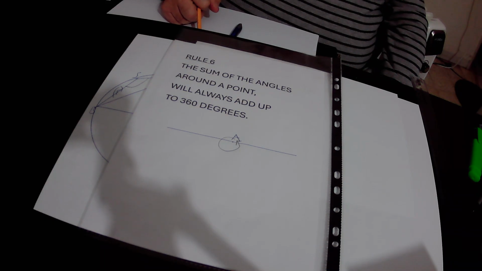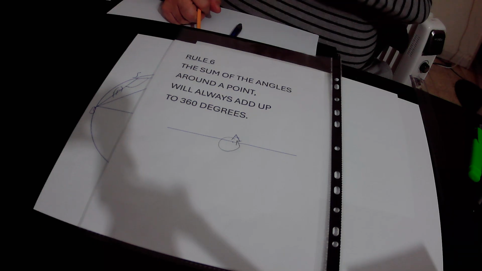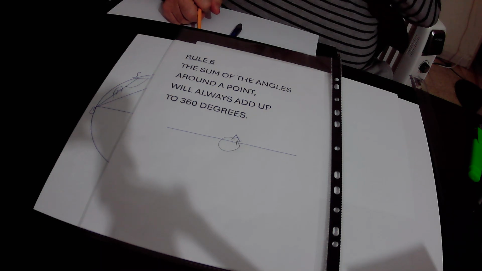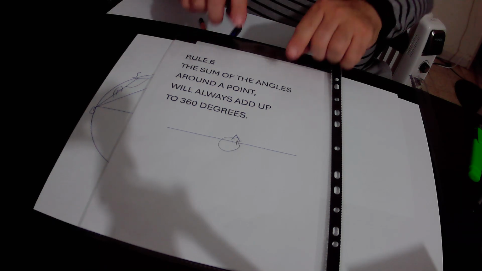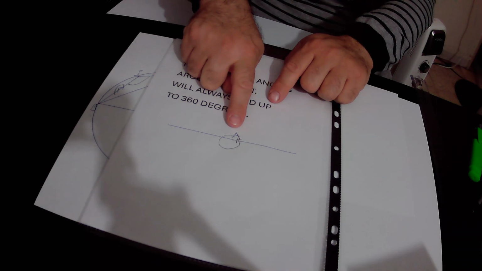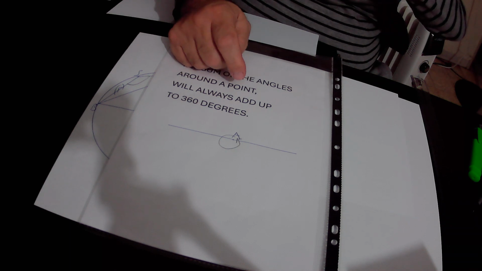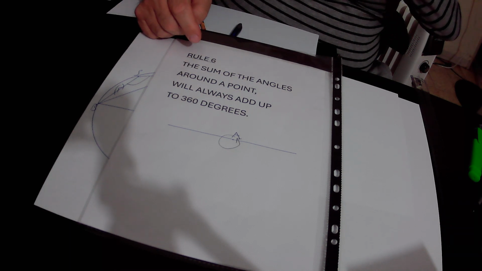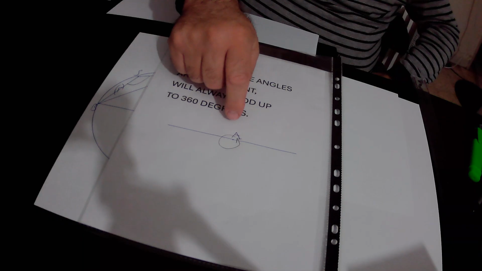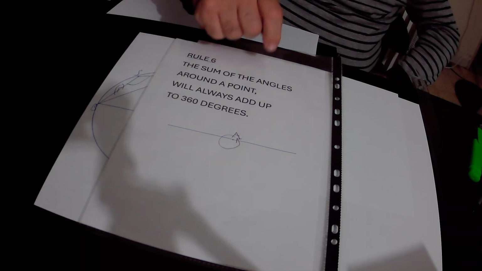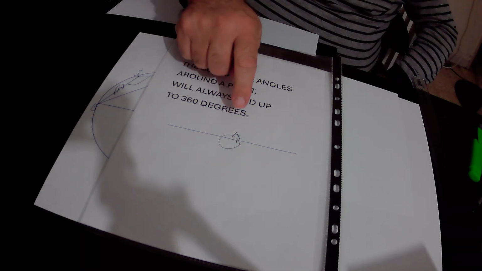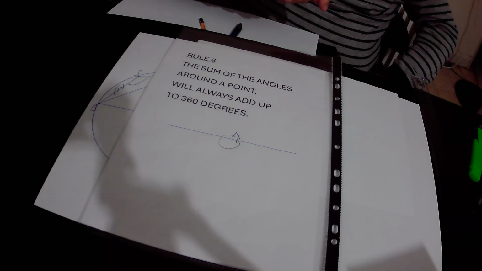According to rule number 6, the sum of the angles around a point will always add up to 360 degrees. So in the drawing we have this point A. According to this rule number 6, the sum of the angles around this point A, in total, must be equal to 360 degrees.